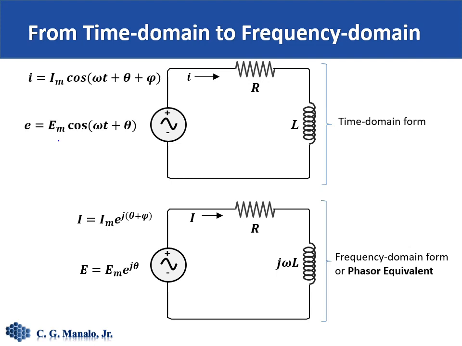So the source here becomes the source here in the frequency domain equivalent. The resistance is still the same. L here became j omega L in the frequency equivalent.